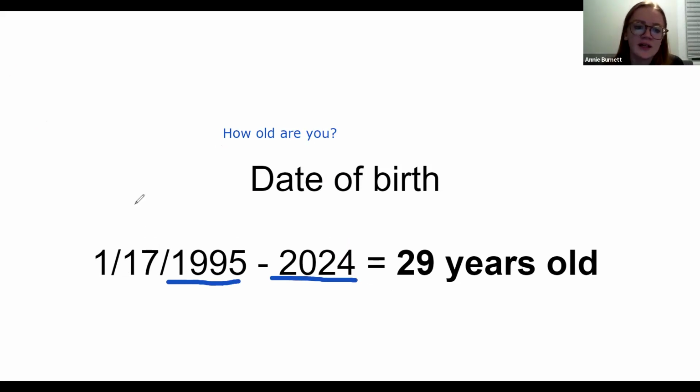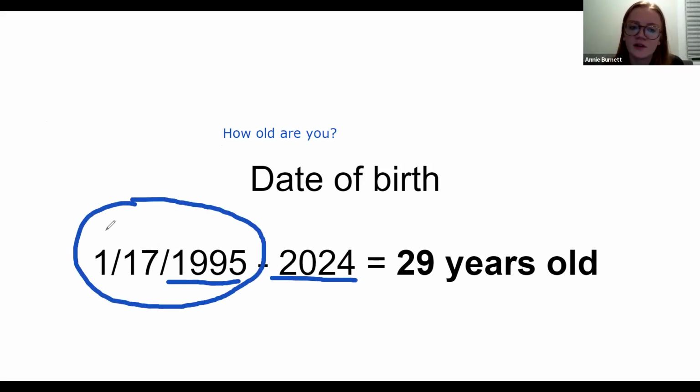For example, date of birth, January 17th, 1995. 2024 minus 1995. Calculator. 29 years old.